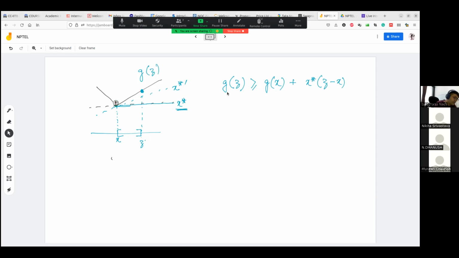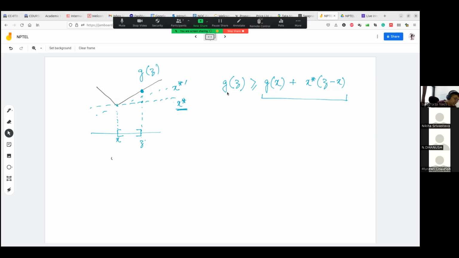So therefore, you actually get this particular point. If you check carefully, this right hand side is essentially this point here. If I draw it a little more in a slanted way, then I think it should be a little more clear. Let's say this is my x star. It's slightly above this point here, which is x.